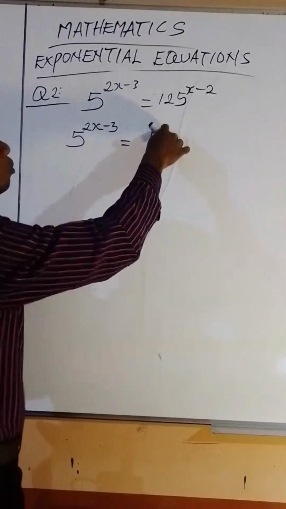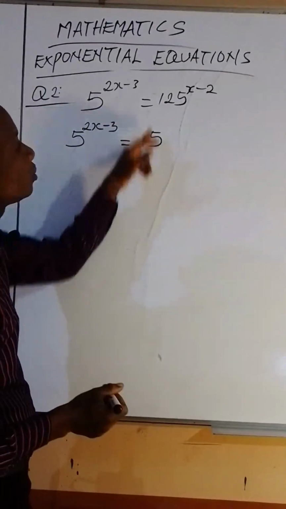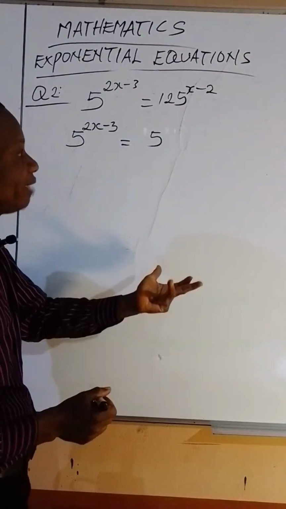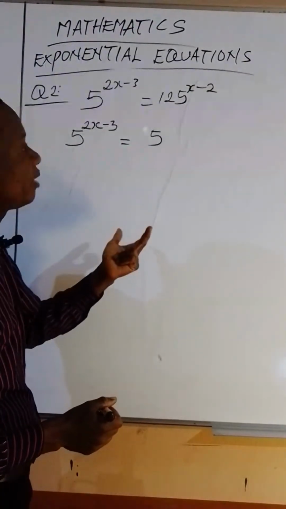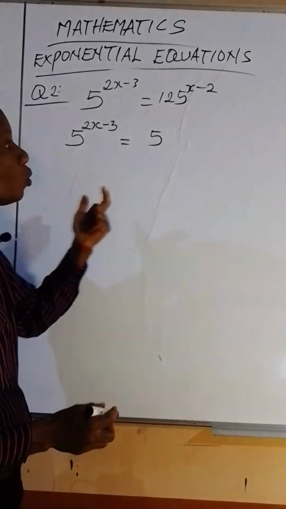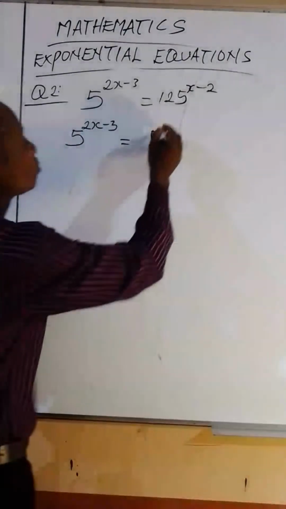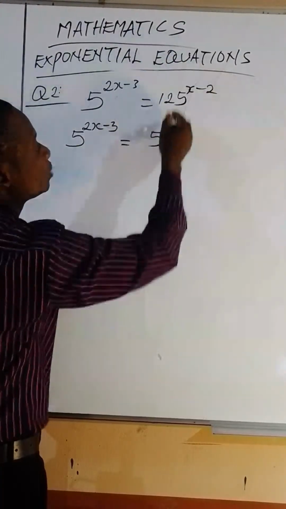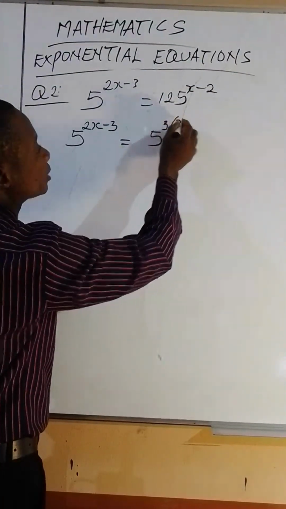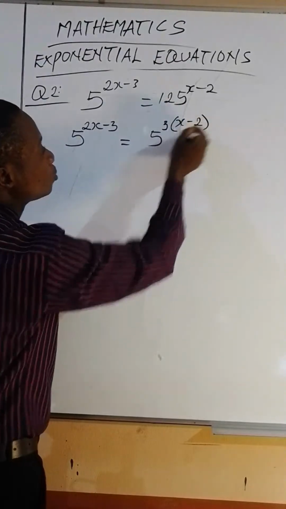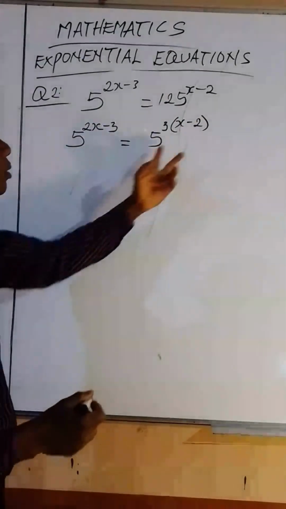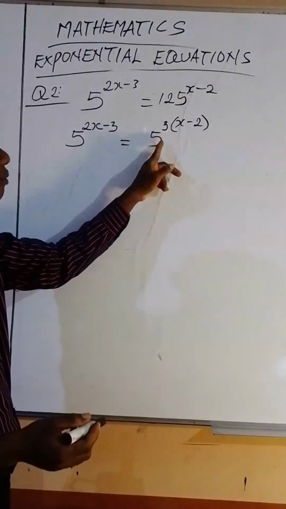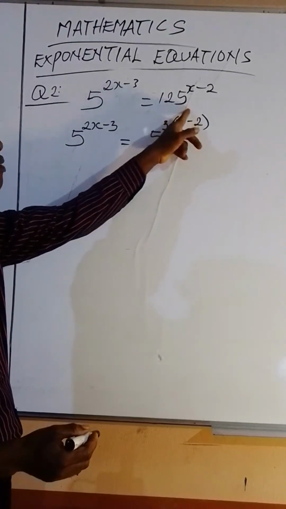And what will be the exponent of 5 to get us 125? 5 times 5 is 25, times 5 is 125. So it will be 3, right? So we are going to raise this to the power of 3, then use the 3 to multiply x minus 2. So we have achieved what we are looking for. 5 times 5 times 5 will give us 125, right?